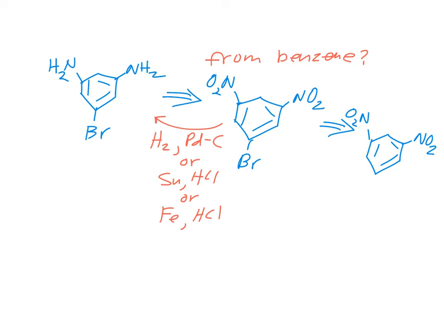Right, because both of the nitro groups are meta directors. Meta and meta, so this one is going to its meta position. This one is also going to the meta position. So the bromine should end up right there. Everything's working together. Okay, so the reaction conditions, we just use bromine and iron 3 bromide.